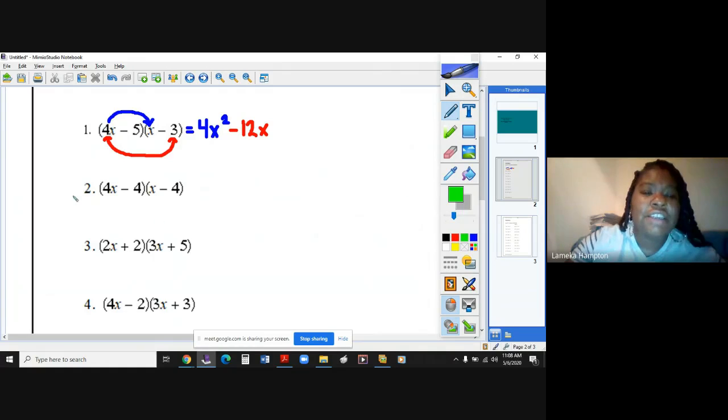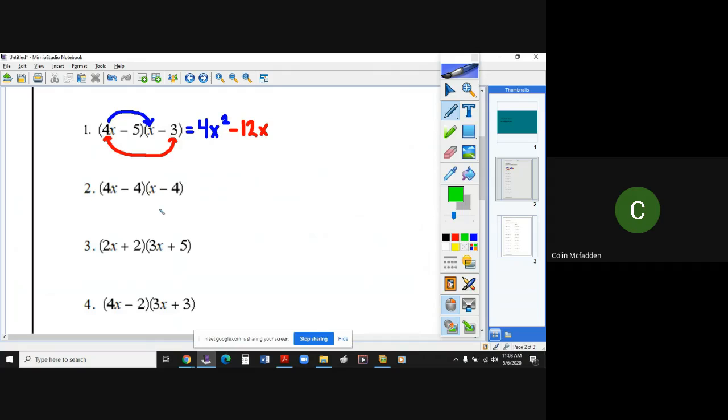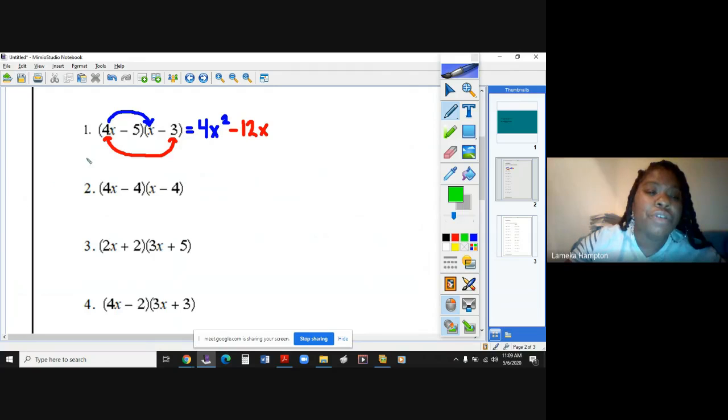I always get confused with which one gets the sign. That's why I just said 12, because I didn't know if it was negative or positive. Oh, I see. So remember, when we read it, we read this as 4x minus 5 times x minus 3.